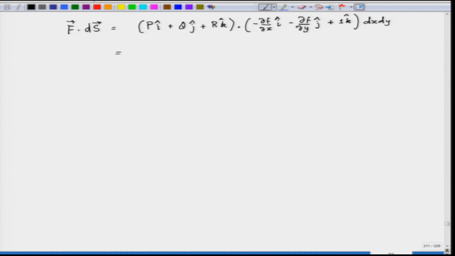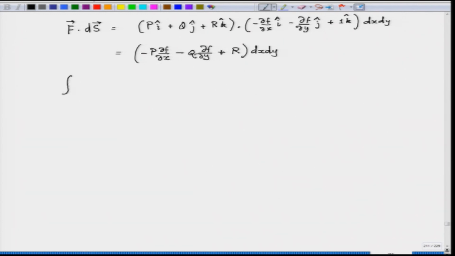So, this gives me minus P of del f del x minus Q of del f del y plus R, as we are doing the inner product between these two vectors, and this is just a scalar multiplied with the differential of the area on the xy plane, dx dy.